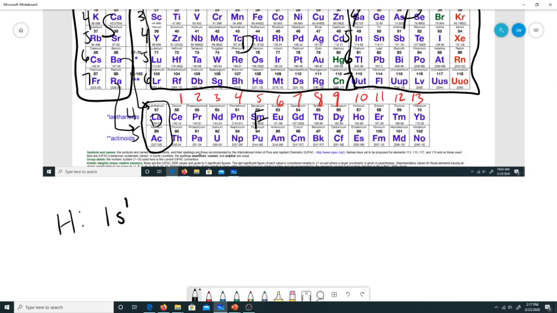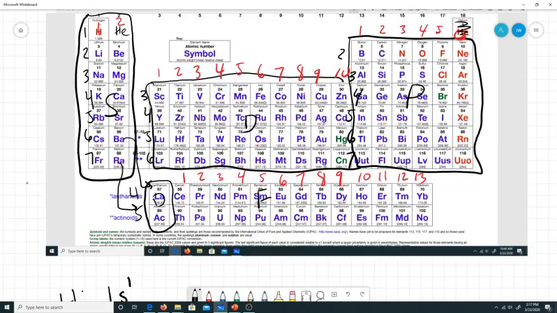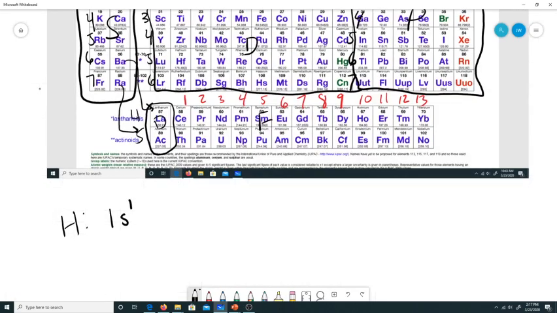And we get that because hydrogen has one electron. If you look at the row here first, it's in the first row, number 1. It's in the S block, and it's in the first column. So its configuration is going to be 1s1. So its one electron is in an s orbital.